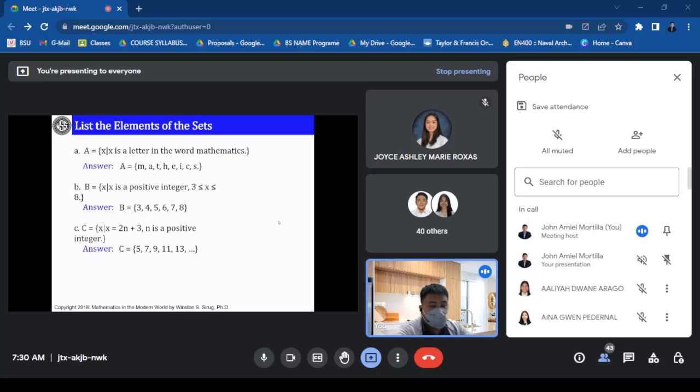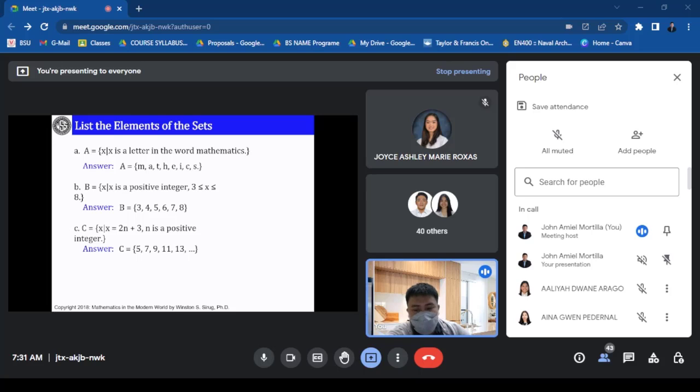So halimbawa, ang n natin is equal to 1. So substitute n to 1. So 2 times 1 plus 3 is equal to 5. Then n is equal to 2. So 2 times 2 plus 3 is equal to 7. So kapag pataas yung ating n, 3, 4, 5, 6, 7, 8, 9, 10, substitute lang natin siya sa n.